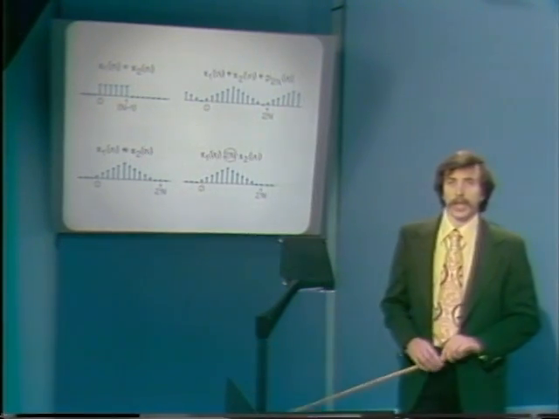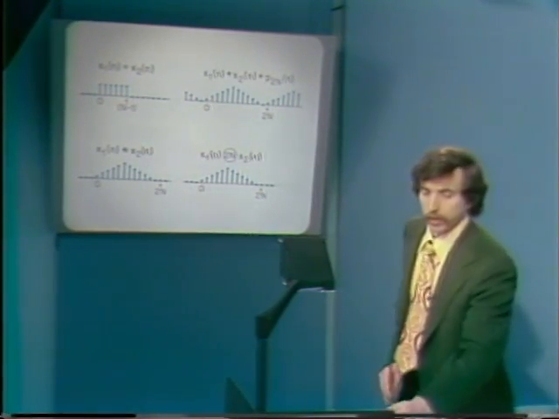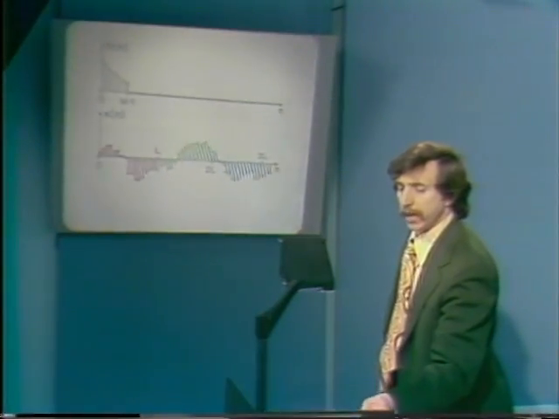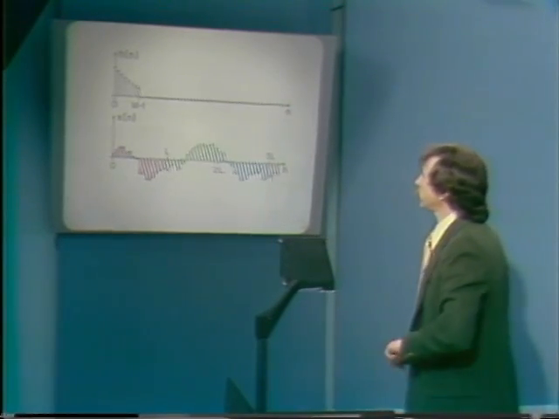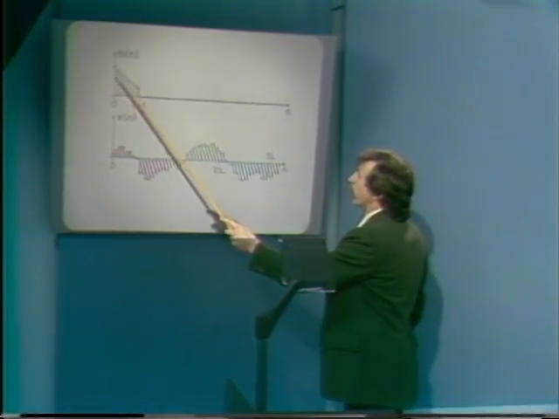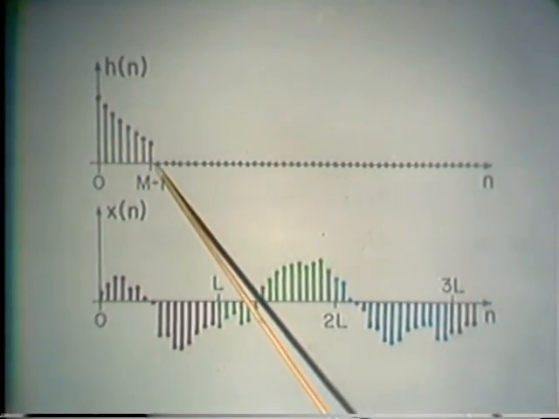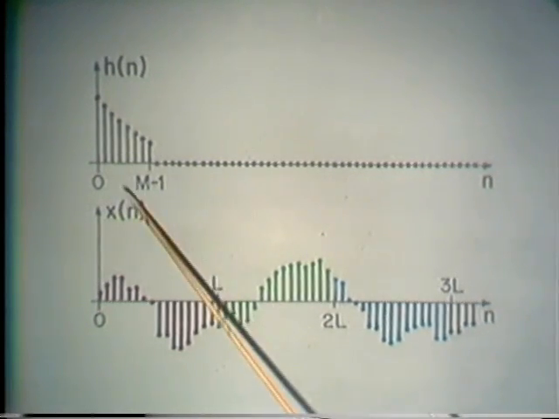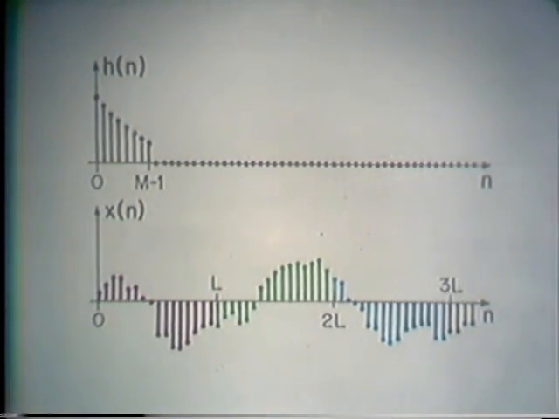And one way of doing that is by sectioning the input signal. Suppose we had, as an example, a unit sample response which was of length capital M, so it runs from 0 to capital M minus 1.